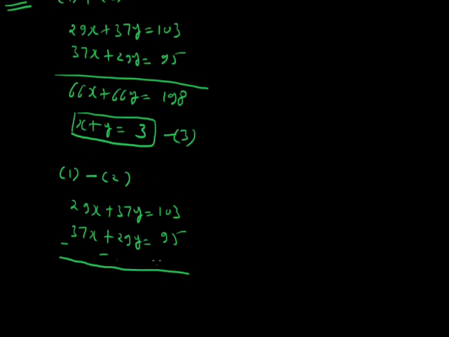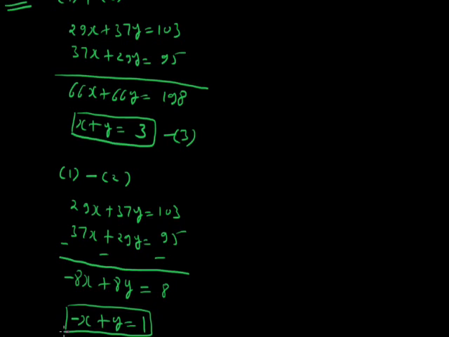So minus, minus, minus. So 29 minus 37, I get minus 8x. 37 minus 29 is plus 8y, equal to 103 minus 95, that is plus 8. Now I divide the whole equation by 8, so it becomes minus x plus y equals 1. So this is equation number, let's say, 4th.